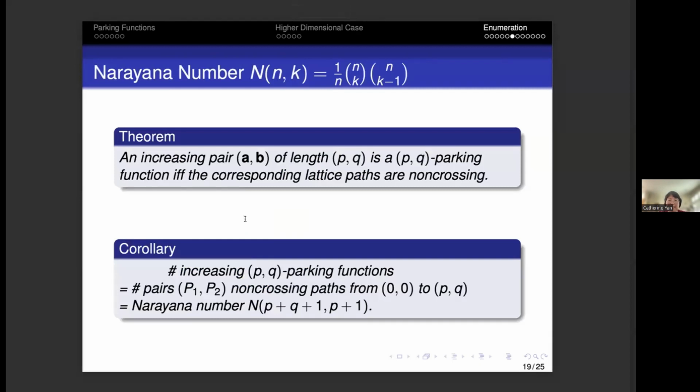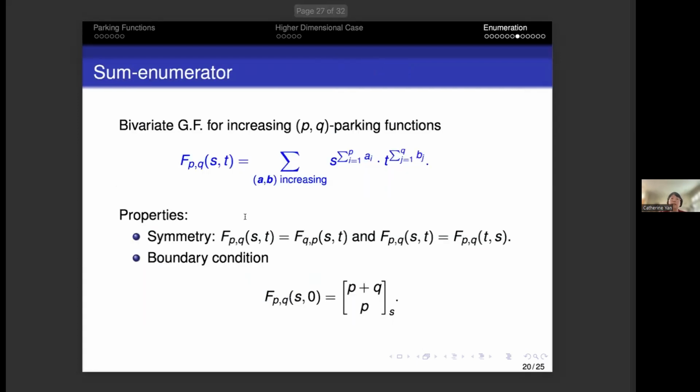With this notion of non-crossing lattice paths, we can use knowledge of lattice paths to compute how many there are, and not surprisingly, the Narayana number shows up. Actually, we can do a little bit more. Instead of just looking at how many there are, let's consider the bivariate generating function for those increasing PQ parking functions.